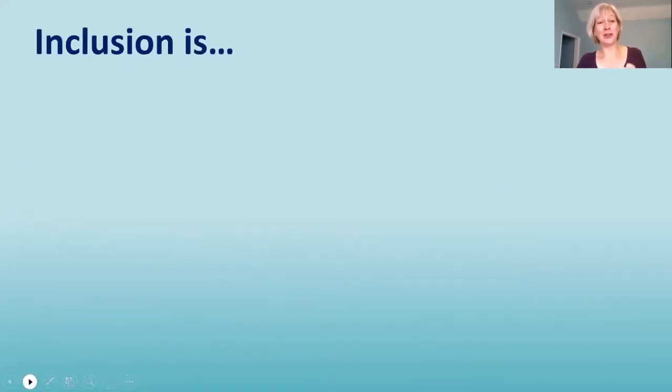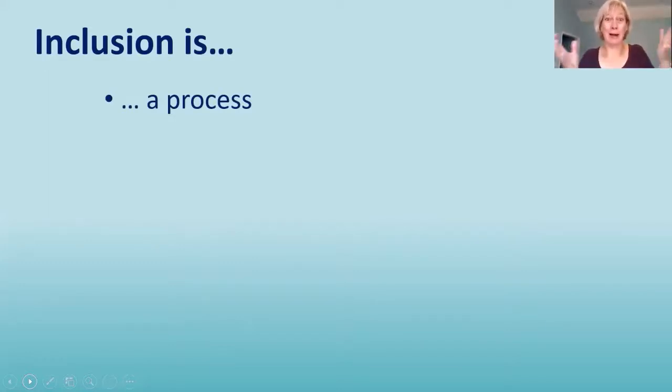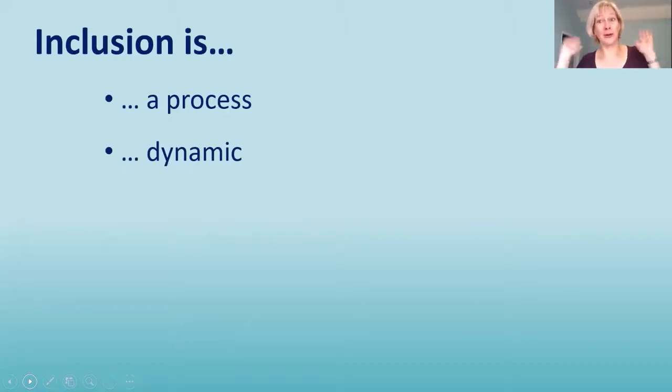So inclusion generally, it's a process, as I've said. It's not something that you can just bring in a box to the classroom, unpack it, and there you've got an inclusive classroom. It's what we're doing. We're always striving to move forwards towards a more inclusive way of working. It's dynamic, so we're always having to respond to the learners in our class and also external pressures.